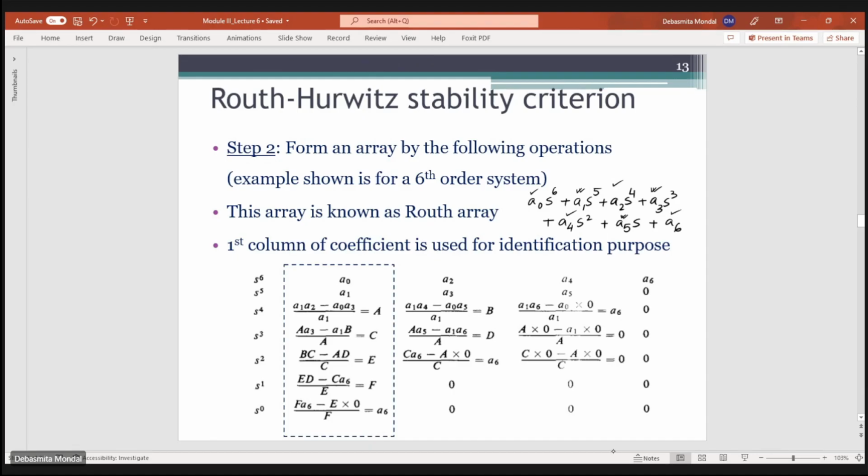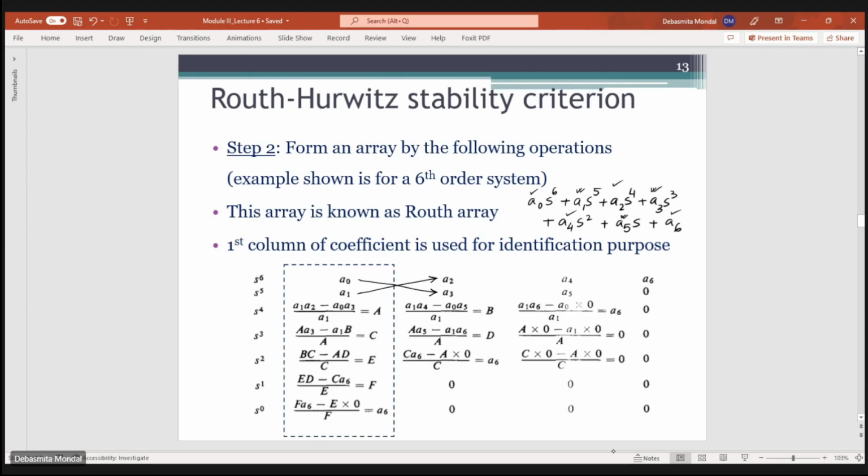For the first term, you multiply A1 by A2 minus A0 multiplied by A3, take the difference of those two and divide it by the first term that you have. So this term equals A1 A2 minus A0 A3 divided by A1.